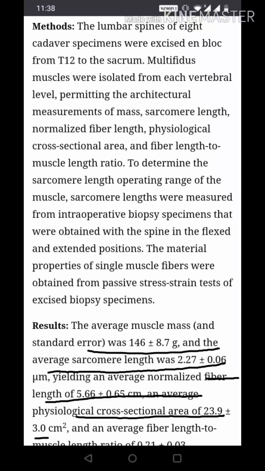The normal fiber length was 5.6 centimeters with a standard deviation, and the cross-sectional area was 23.9 centimeter square with a standard deviation of 3 centimeter square, which is a very large value as compared to the other lumbar spine muscles.